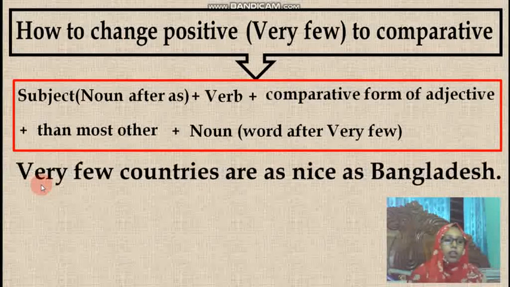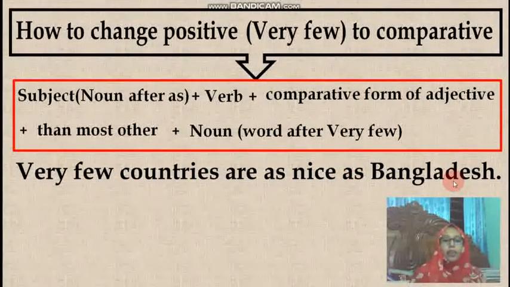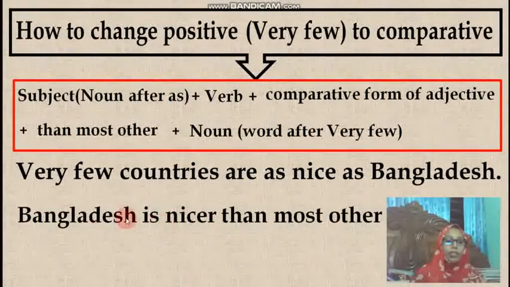You see, very few countries are as nice as Bangladesh. Now see, here we find "very few countries", and after "as" we find Bangladesh. At first we have to use Bangladesh as a subject, and according to the subject we have to use the verb "is", Bangladesh is.